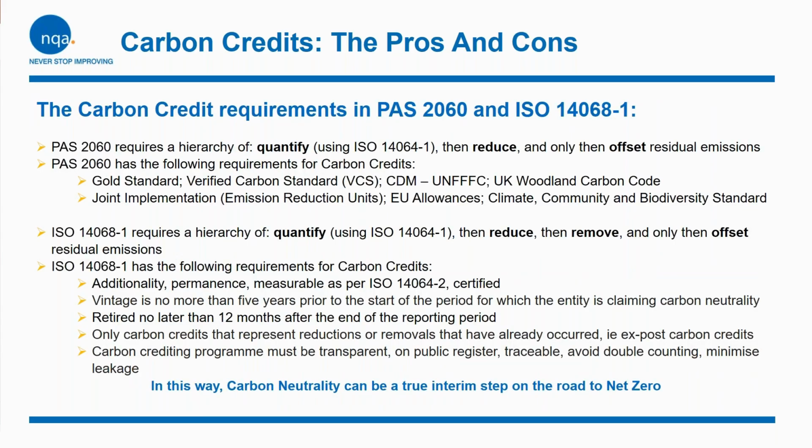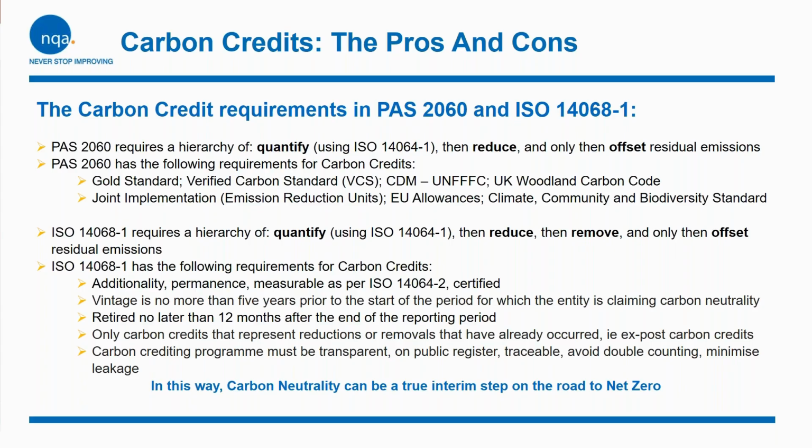So, carbon credit requirements in PAS 2060 and ISO 14068. PAS 2060 requires a hierarchy of quantify, that's using your ISO 14064, then reduce, and then and only then offset your residual emissions. PAS 2060 has the following requirements for carbon credits.